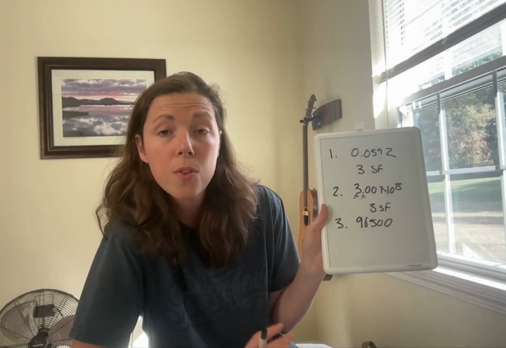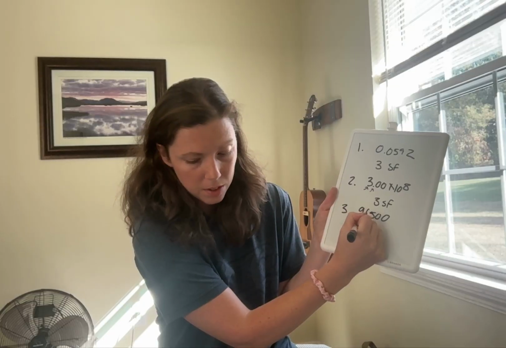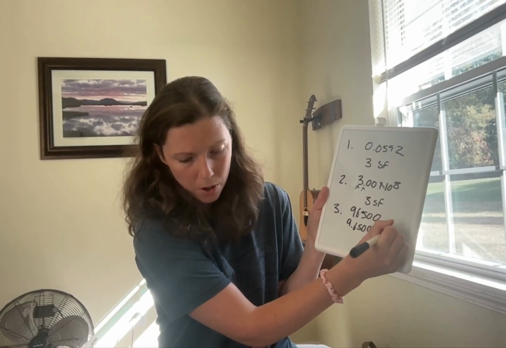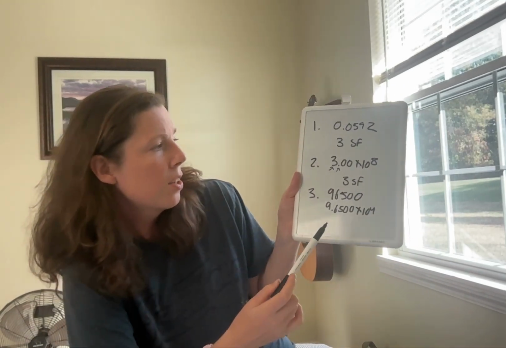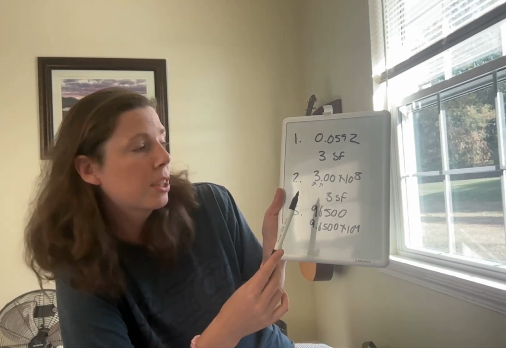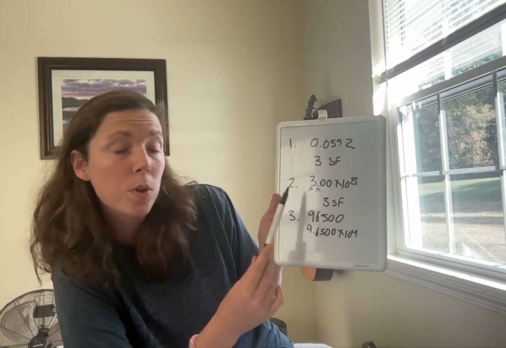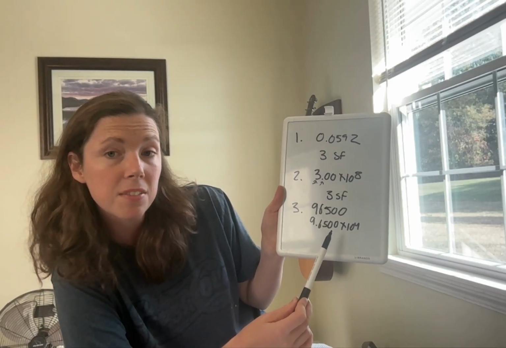We don't know. But if we wrote it instead 9.6500 times 10 to the 4th, suddenly rule number 2 applies, where zeros after a decimal point and a digit are always significant. So now we know it's 1, 2, 3, 4, 5 significant figures.